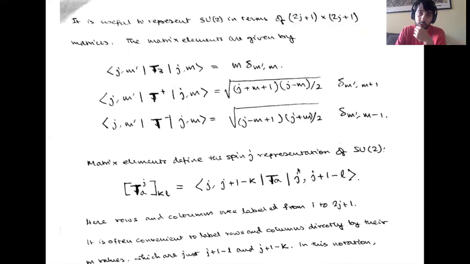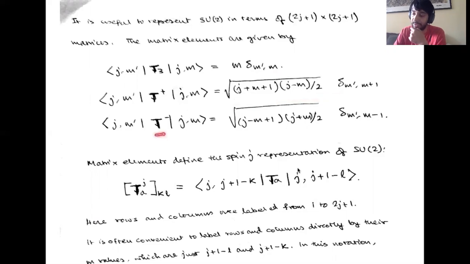It is of use to represent these SU(2)s in terms of 2j plus 1 cross 2j plus 1 matrices. And these matrix elements are going to be given by the following. If you have <j, m'| and |j, m>, it's clear that this has to be m into delta m m'. If you have a T plus sandwiched between them, then this is going to have a prefactor of something like this in front.